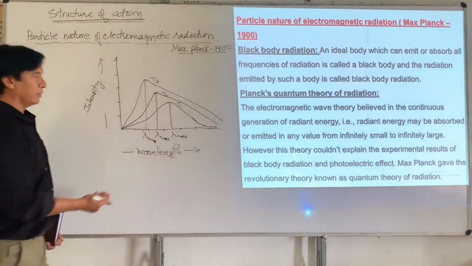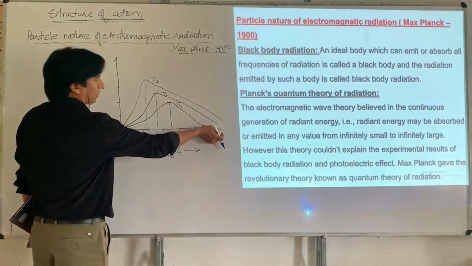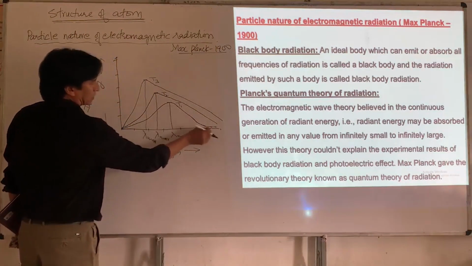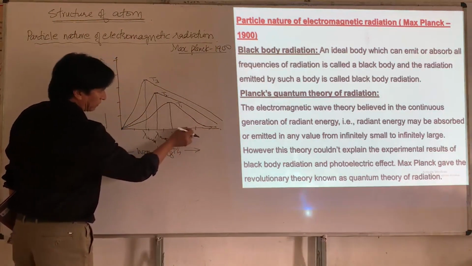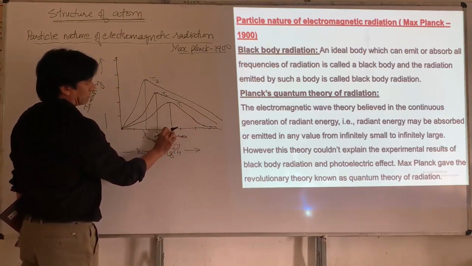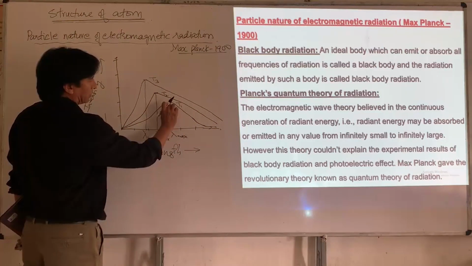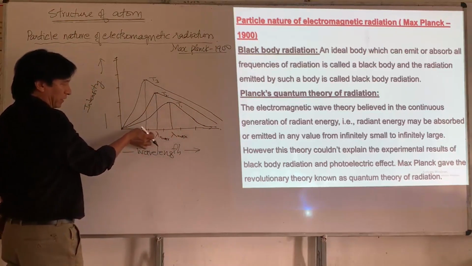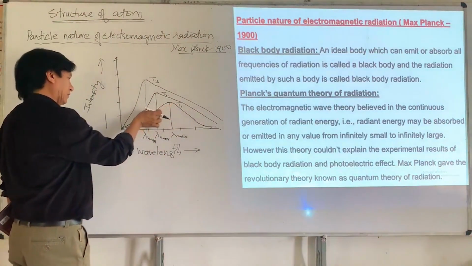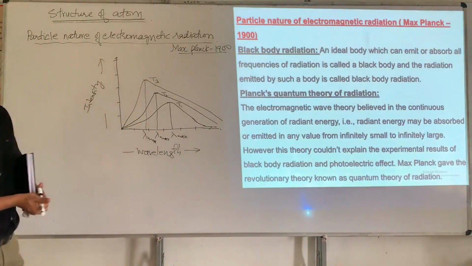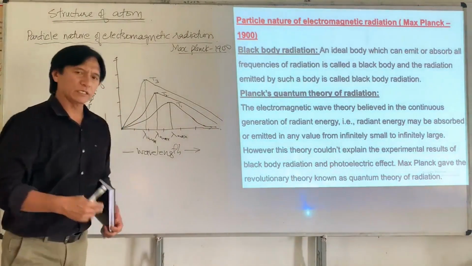Or else you can take it this way: with decrease in the wavelength, intensity increases, and then after some time, the intensity reaches a maximum, and then with further decrease in the wavelength, intensity decreases. This is what it's saying.